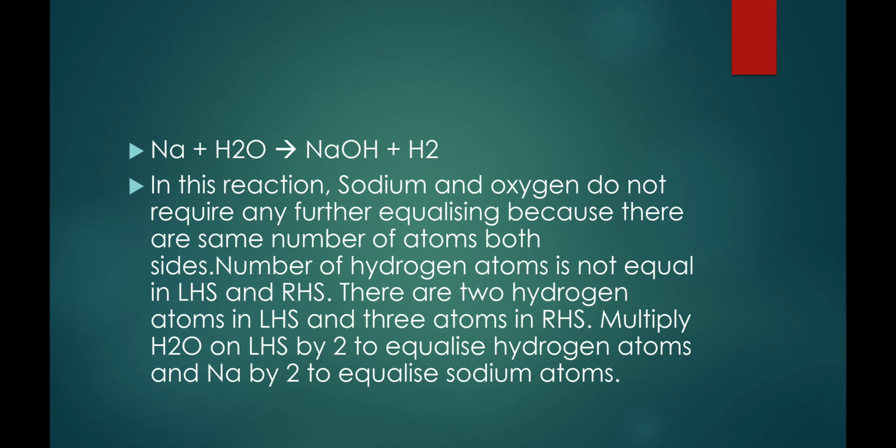Why? Because there are the same number of atoms on both sides. But if we check the number of hydrogen atoms on both sides, they are not equal, because there are two hydrogen atoms on the left hand side and three hydrogen atoms on the right hand side.